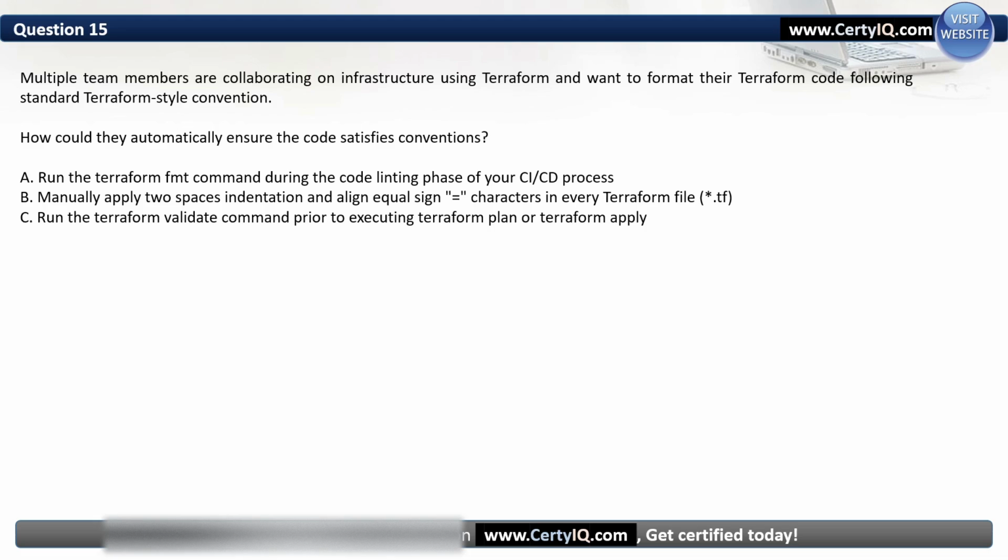Question 15. Multiple team members are collaborating on infrastructure using Terraform and want to format their Terraform code following standard Terraform style convention. How could they automatically ensure the code satisfies conventions? The correct option is A. Run the terraform fmt command during the code linting phase of your CI/CD process.